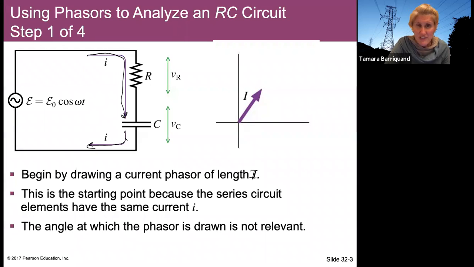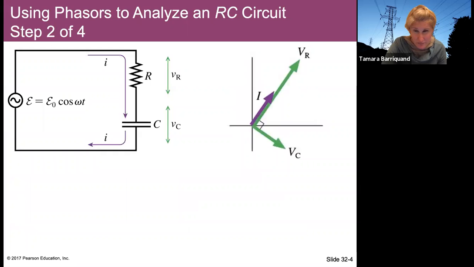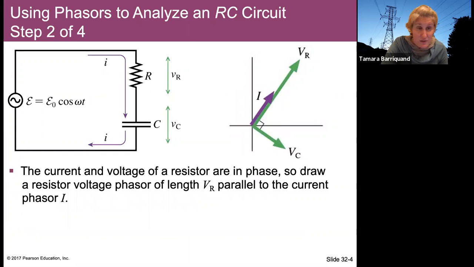Now, what's important is when we then want to draw in VR and VC. First, the current and voltage of a resistor are in phase. So we draw our resistor voltage phasor of length VR parallel to the current phasor I, because they are in phase.